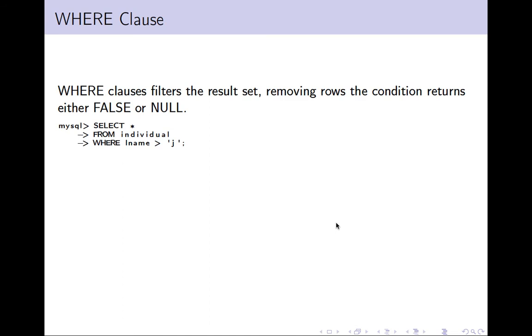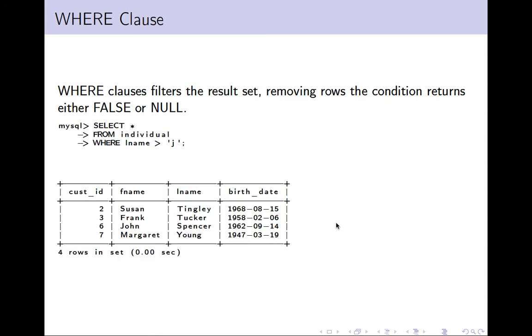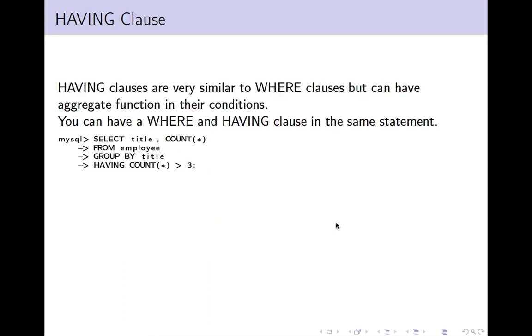For instance, the where clause basically filters result sets and takes away everything that returns false or null. And having clauses are very similar to where clauses, but can have aggregate functions in them.